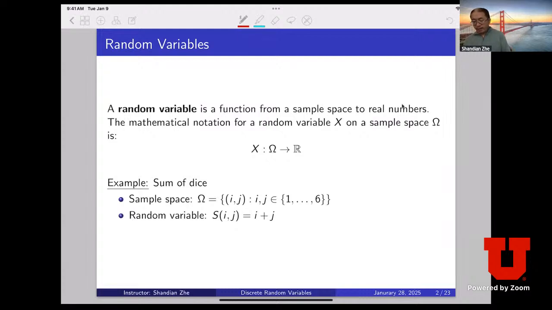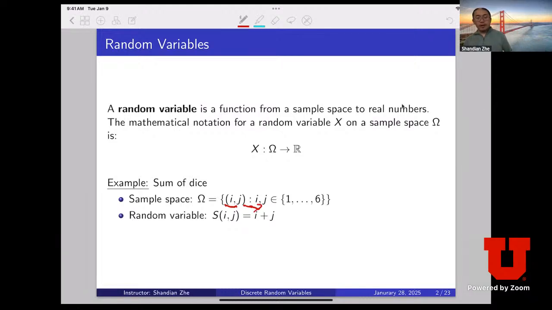Let's give some examples. For example, if you roll a die twice, your sample space would be just pairs of points: the first point and the second point after rolling the die. And I can define a random variable, which is a function that maps such a pair to a number.